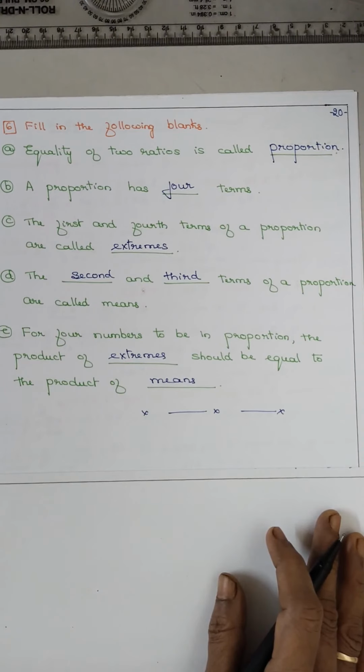In continued proportion, there will be only three numbers, but if they are in continued proportion, the middle term is repeated. Means the second and the third term of the proportion will be same. So you have to repeat that second number, the middle number, twice, and then continue just like a proportion.